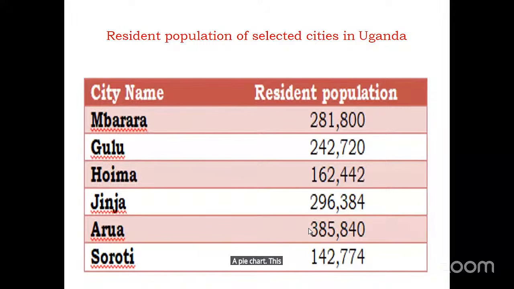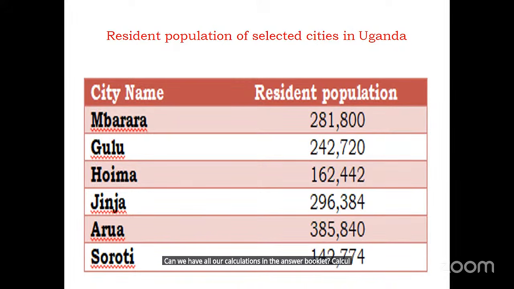This one is for when you are given just a single entry of data like this. A pie chart can be drawn. A bar graph can be drawn. Therefore, when you are drawing, for example, a pie chart, can we have all our calculations in the answer booklet?